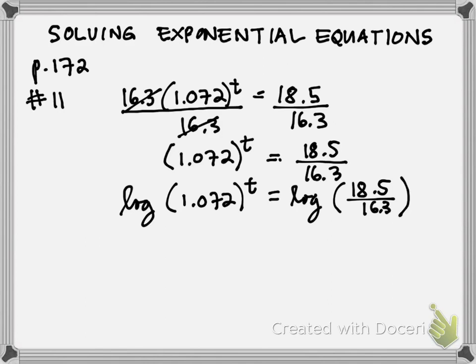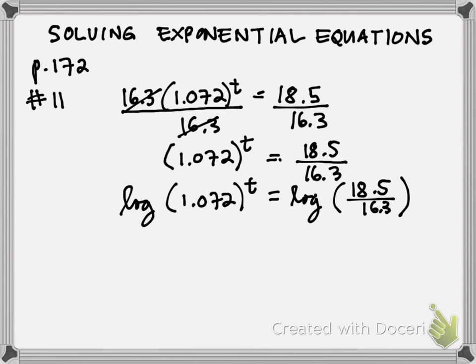You might have wondered why I did not divide 18.5 by 16.3. As much as possible in our solution, we don't do decimal approximations, because once you divide that, you come up with a decimal and then you start rounding up. To avoid that, we leave that expression as it is, and we let the calculator do the job of finding the final answer.